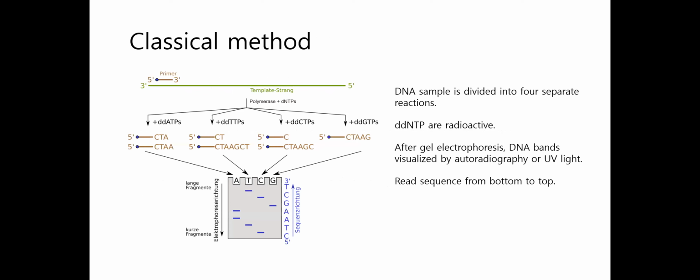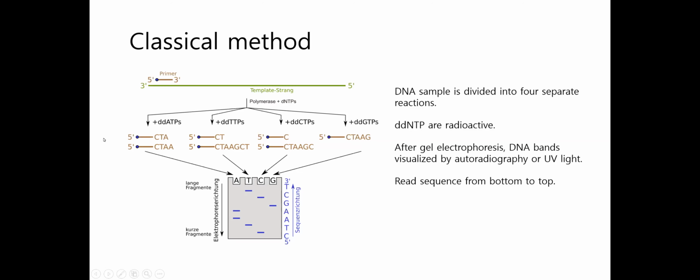In the classical method of Sanger sequencing, the DNA sample is divided into 4 separate reactions like this, and each sample has the DNA template, DNA primer, DNA polymerase and dNTPs, the same, but each sample has only one kind of dideoxynucleotide. The first one has only ddATPs and the second one ddTTPs and so on.